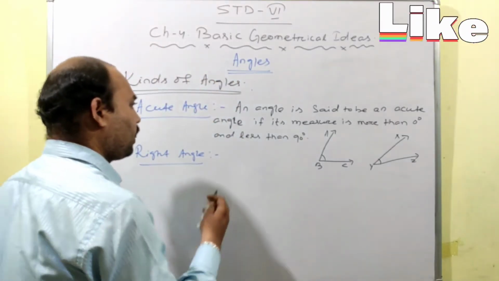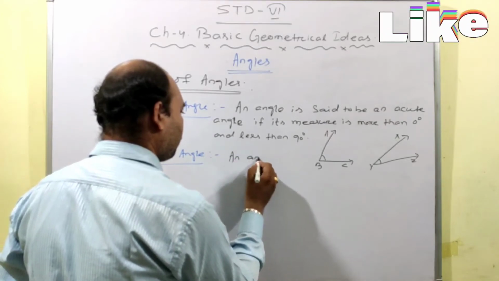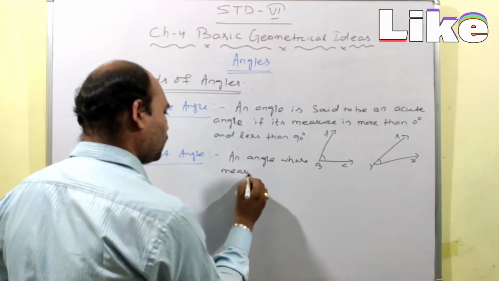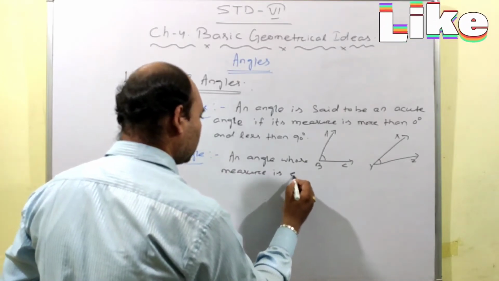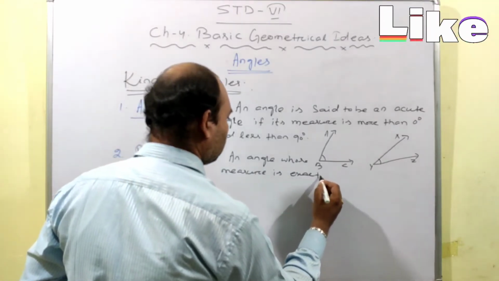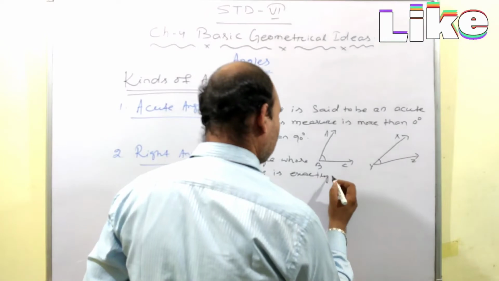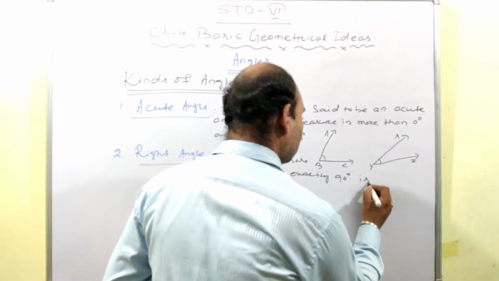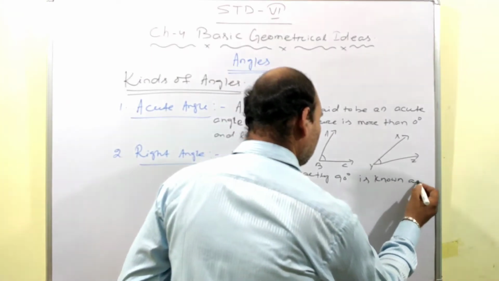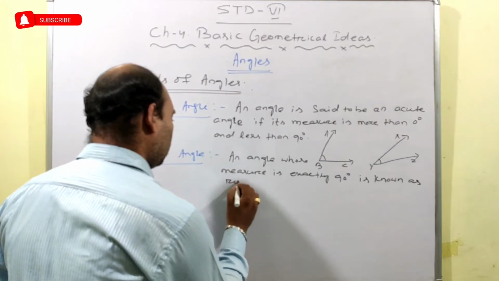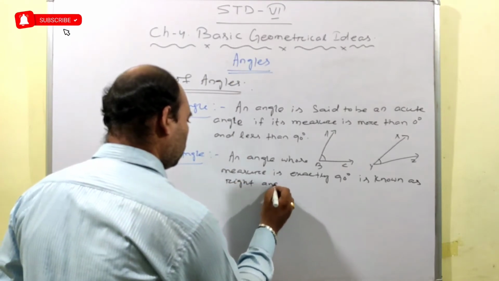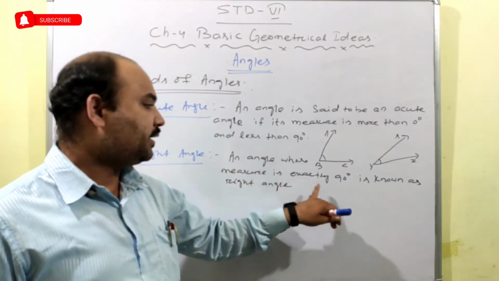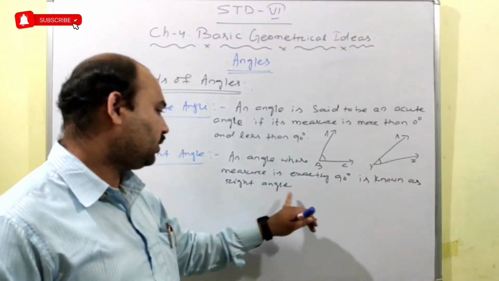An angle whose measure is exactly 90 degrees is known as a right angle. Okay. So an angle whose measure is exactly 90 degrees is known as your right angle.